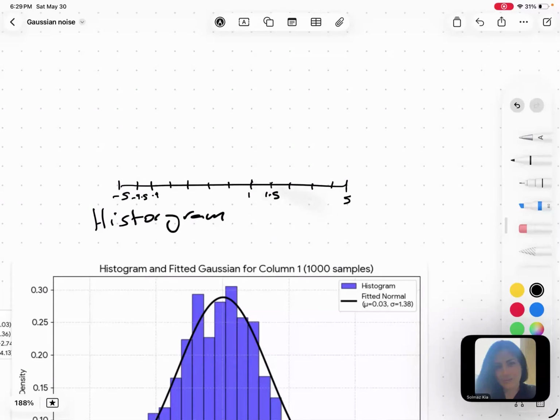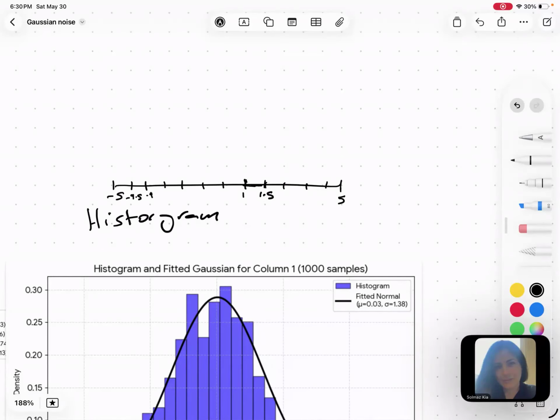So what you would do is go to the error data and see how many samples of measurements have errors between 1 and 1.5. And let's say you see that 200 of your measurements are in this range. Then you divide this by the total number of measurements that you have and divide by the width of the bin, in this case 0.5, and you end up with a number.